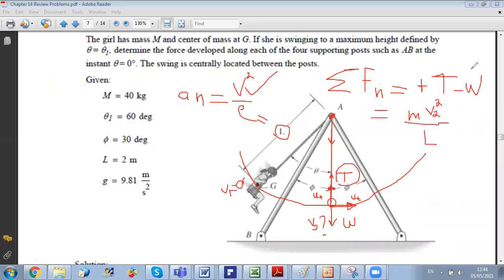Now I know the weight, I know L, I know m. To get the tension, I only need to find V2.